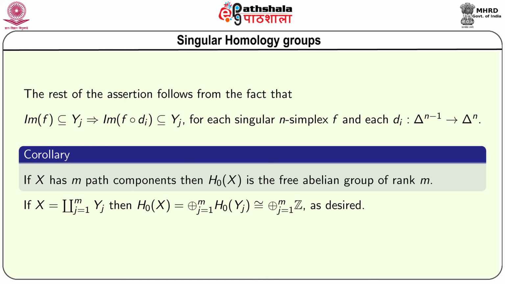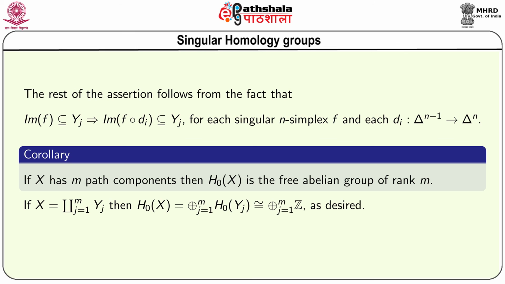How do we prove this corollary? Let us take capital X as the disjoint union of the Y_j's. Since there are m path components, j is varying from 1 to m. Then H_0(X) is equal to the direct sum of H_0(Y_j), where j is from 1 to m. This is what we are getting from the theorem that we have proved here.